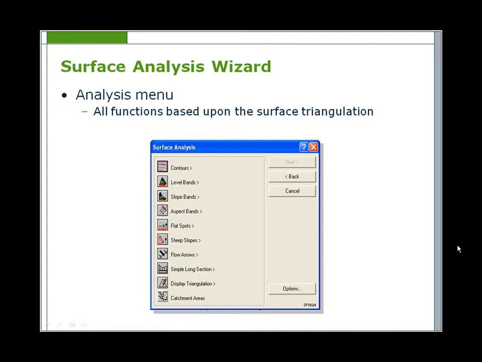Slope bands is very similar to level bands, except it's going to divide the survey into bands of different slopes.